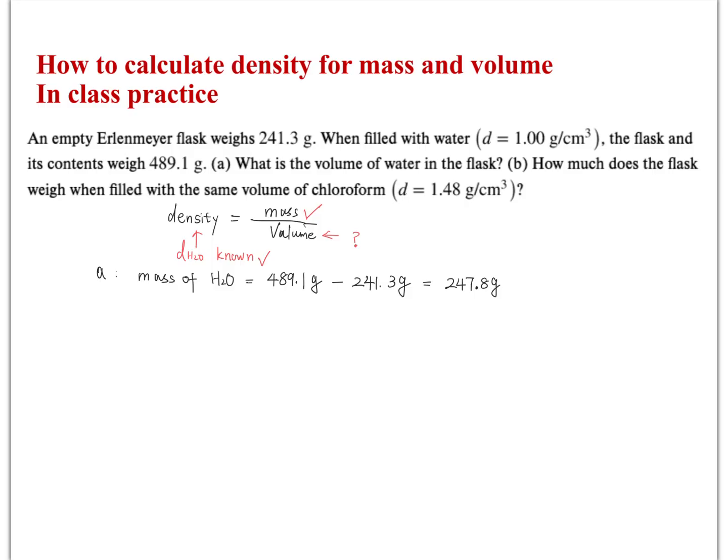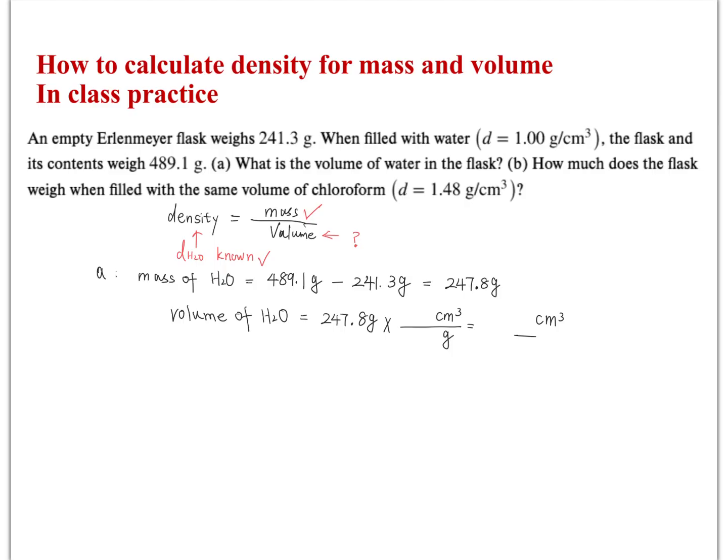And for the density of water, we already know it is 1.00 gram per cubic centimeter. We want the volume, because the volume unit is cubic centimeter. So that is the goal. What we have here is the mass, which is 247.8 grams. All in all, what we want to get rid of is the gram, and we want cubic centimeter. So that is the setup of this calculation.